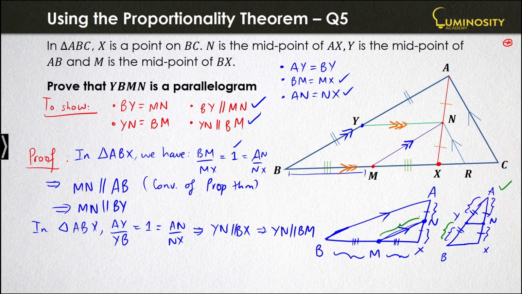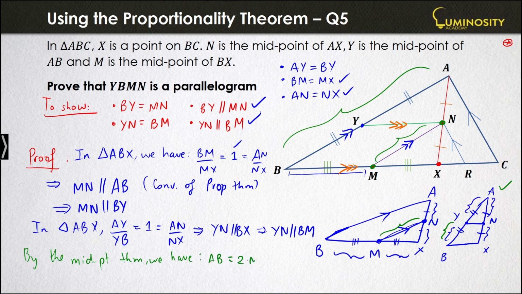First of all, I'm going to notice something. By the midpoint theorem, this distance AB is twice the amount of MN. That is by the midpoint theorem, because these two are midpoints here. So AB must be twice the amount of MN.